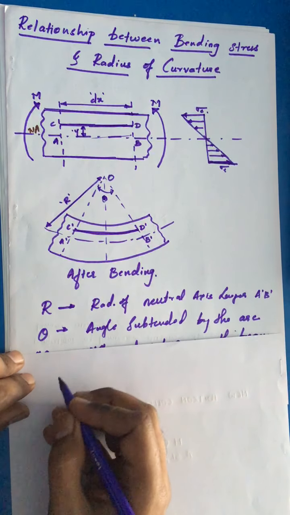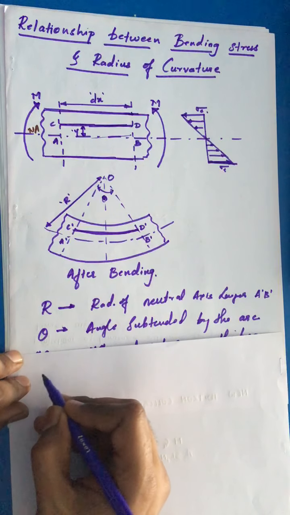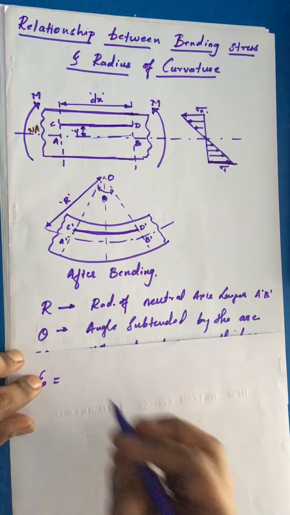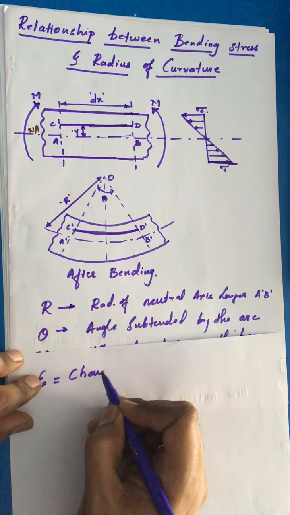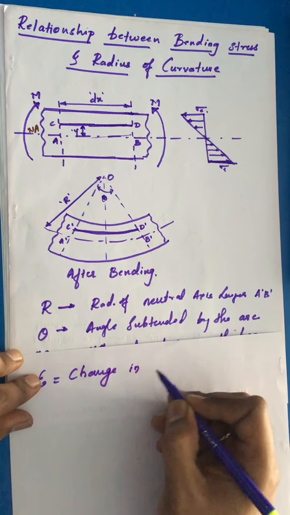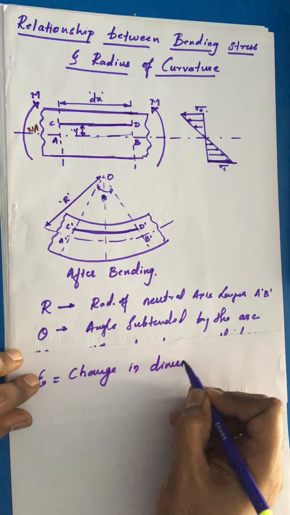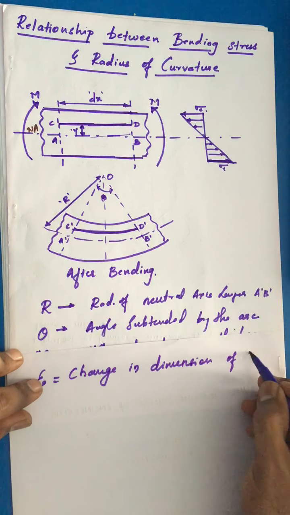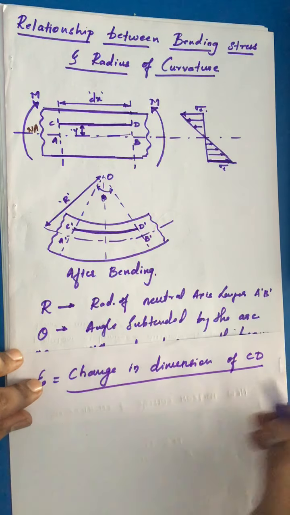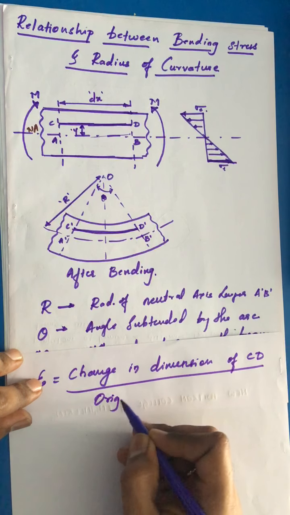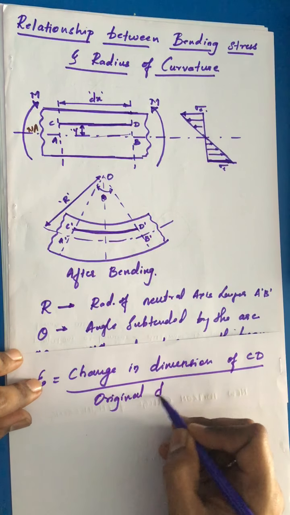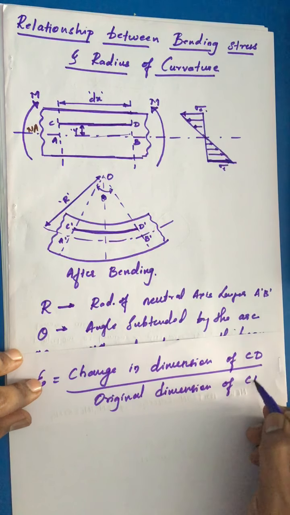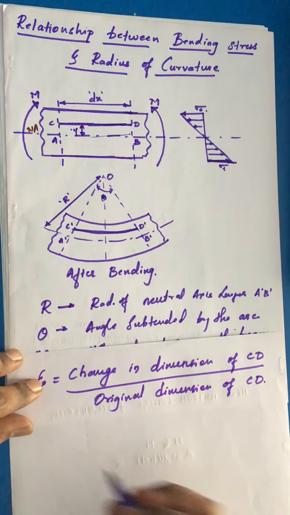The strain, represented by epsilon, we can write as the change in dimension of CD divided by the original dimension of CD.